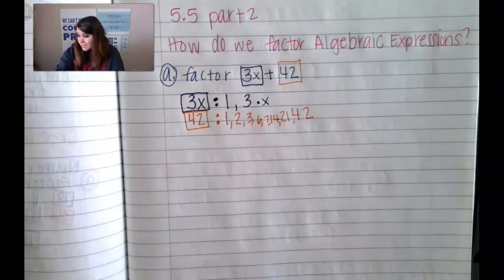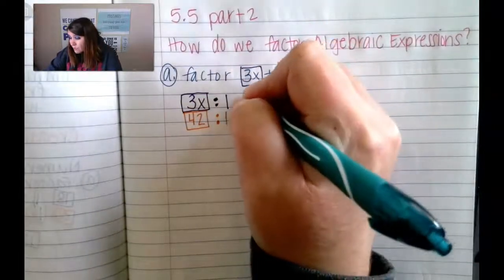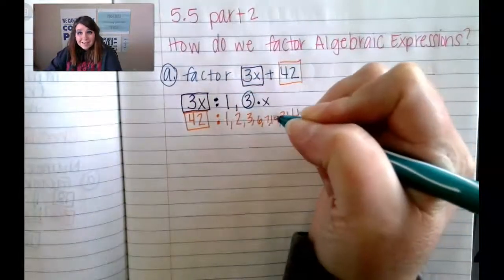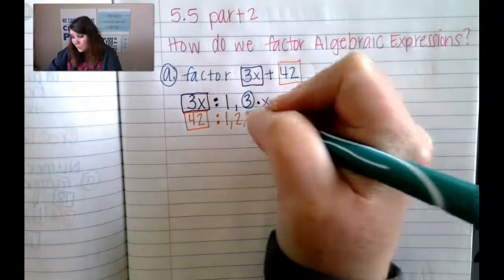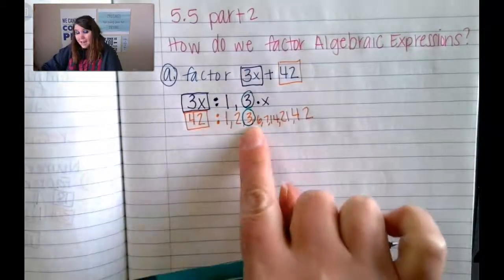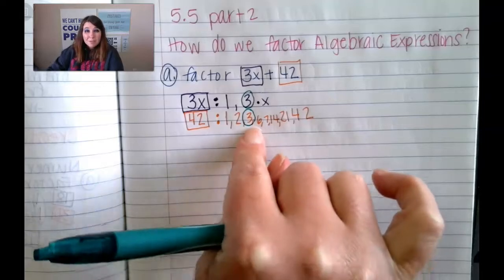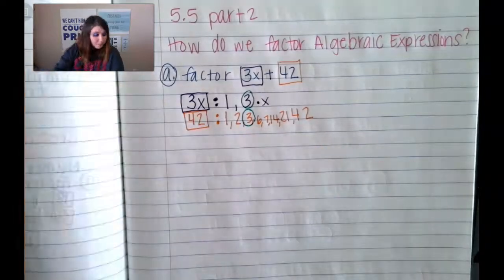If you see it, awesome. If you don't see it yet, I'm going to show you. Up above, 3 was the biggest number I needed. That's as high as I could go. So as soon as I knew that 42 had a 3 in it, I could stop right there, because remember, that 3 is the one that we're going to pull out.